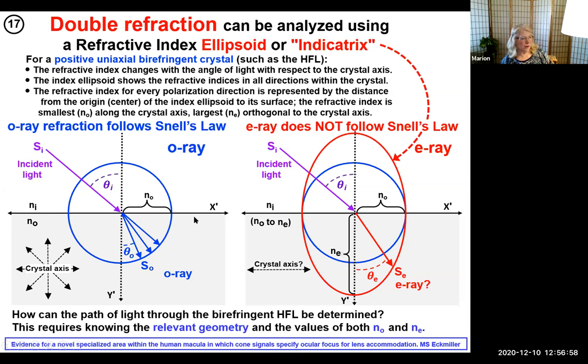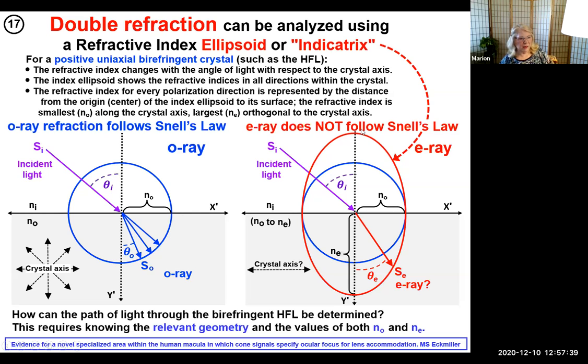If this is the interface going into a birefringent crystal, the incident light comes in here, and depending on the crystal axis, if that incident light happens to be coming in along the crystal axis, then that ray will become an O ray, and it will continue going in this direction. But depending on the orientation of the crystal axis, the ray will be coming in at different directions, so it may be an E ray.